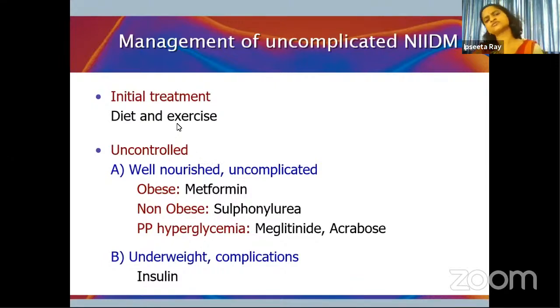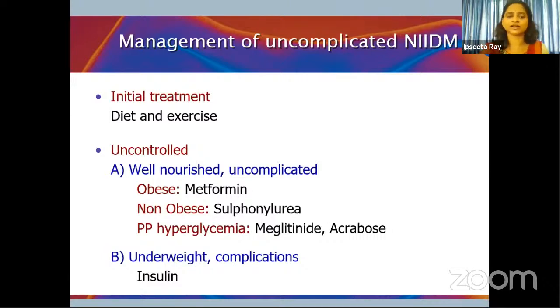In the management of diabetes, we generally start with diet and exercise. If the patient has mild diabetes, we ask them to follow diet and exercise for 6 months. When we again check the blood glucose levels, if it is not controlled, then we start drug therapy. Monotherapy is generally started with metformin in obese individuals and sulfonylureas in non-obese.